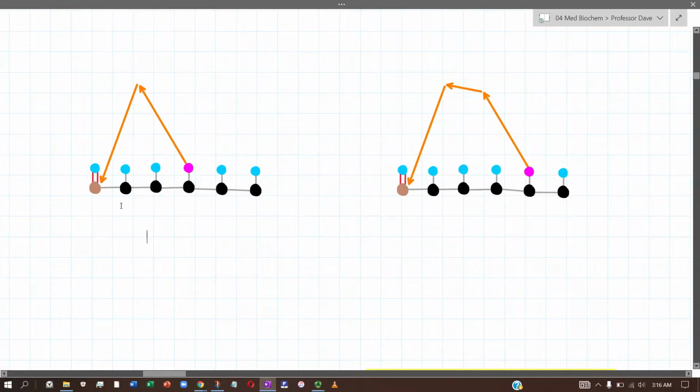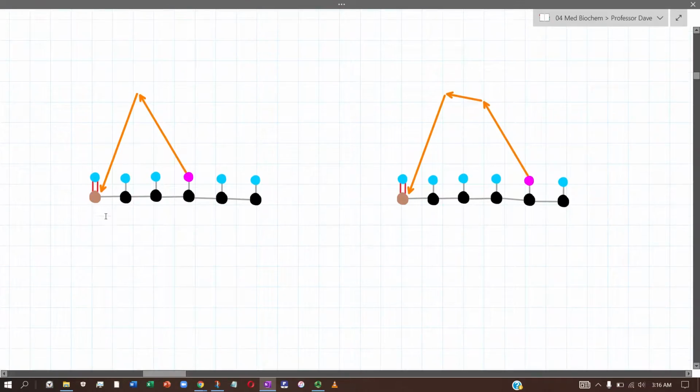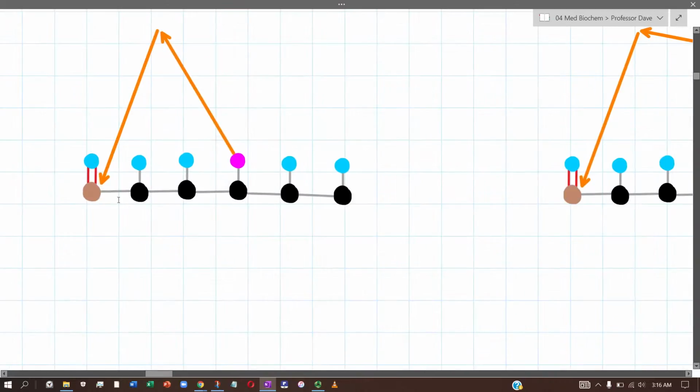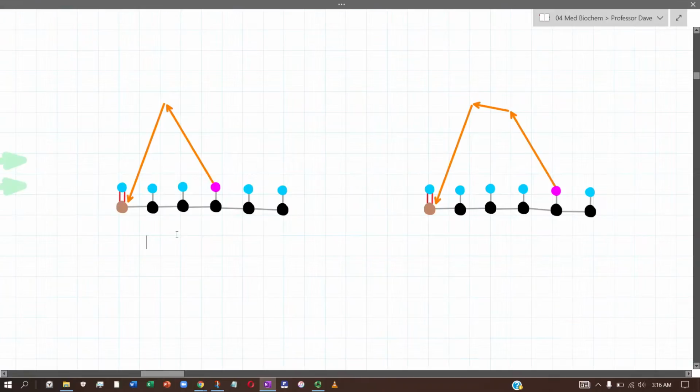Something else to note: whenever there's something special about a carbon, for illustrative purposes, I've swapped out the color from black to brown, because it'll be easier to keep track of that carbon later down the road.